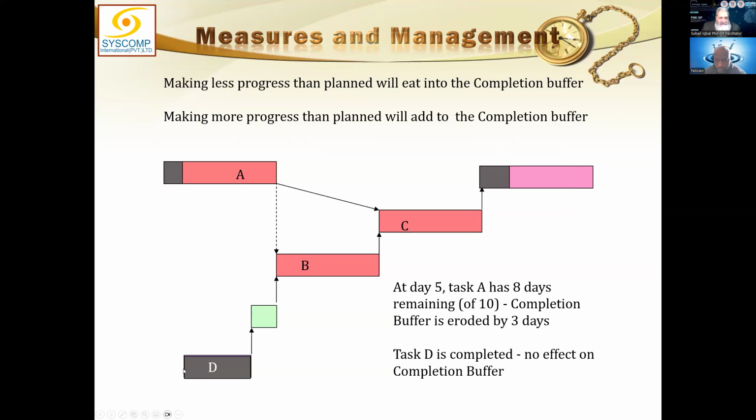Meaning, if this D activity did not end in time, this was having a float. So if it got delayed within the float, it has no impact on the project buffer. But if it exceeds that, we already have a feeding buffer to protect us against that, right? So that was the point here.